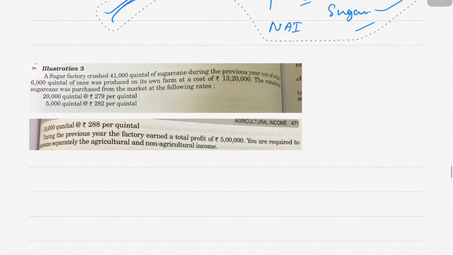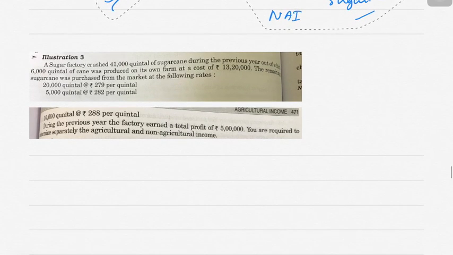A sugar factory crushed 41,000 quintal of sugarcane during the previous year, out of which 6,000 quintal of cane was produced in its own farm at the cost of rupees 13,20,000. The remaining sugarcane was purchased from the market at the following rates.